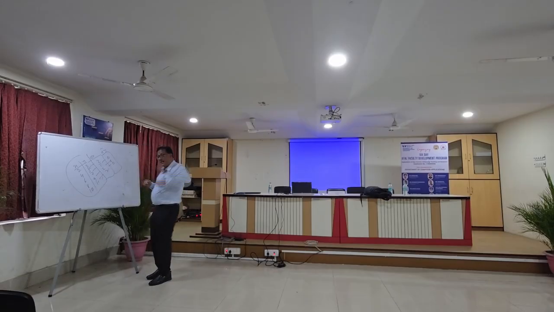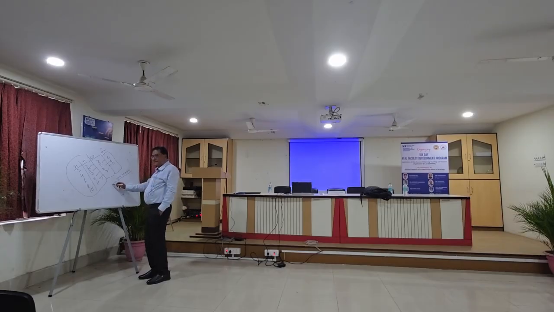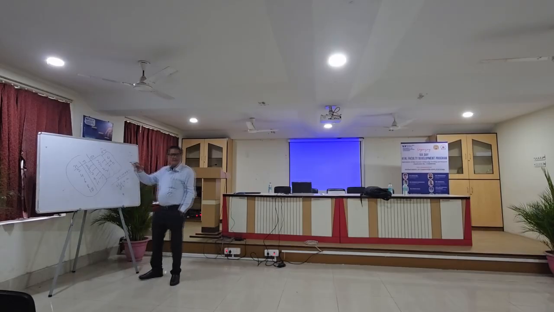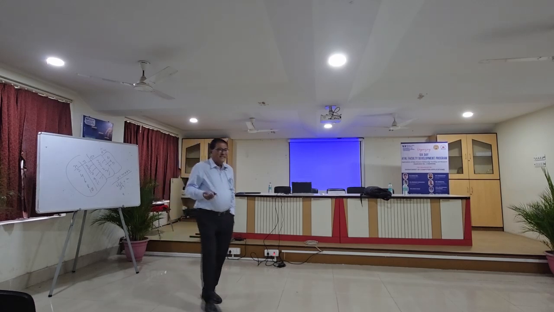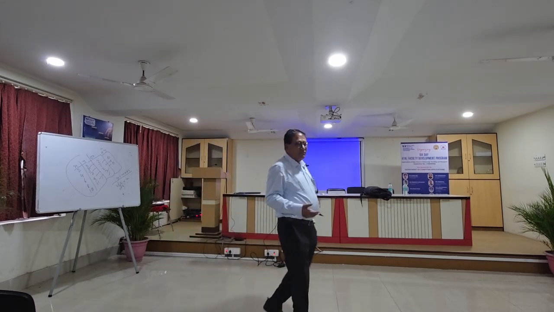Just try to remember our 9, 10, 11, 12 class: if Y equal to mx plus c is a straight line, then dy over dx, the change of Y with respect to X, equals a constant. So we can easily say it's linear.